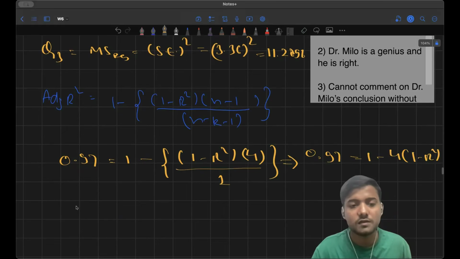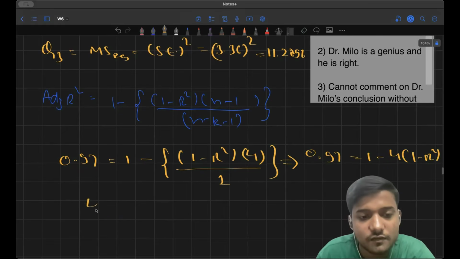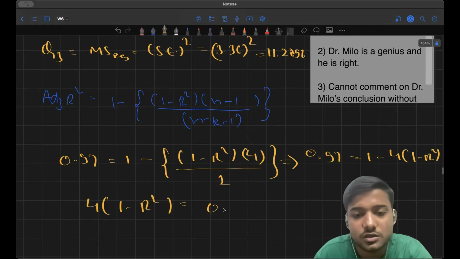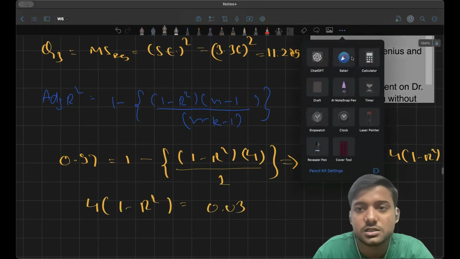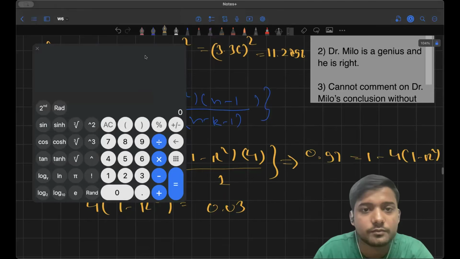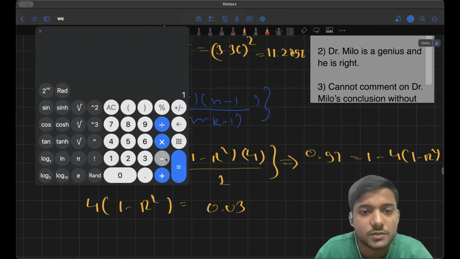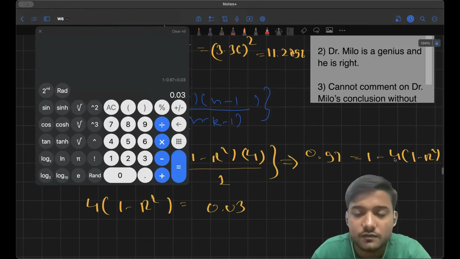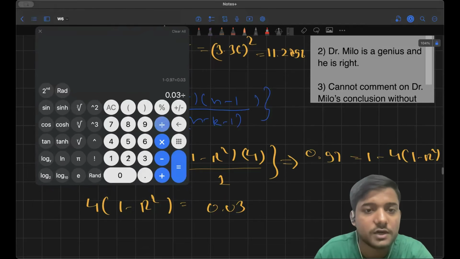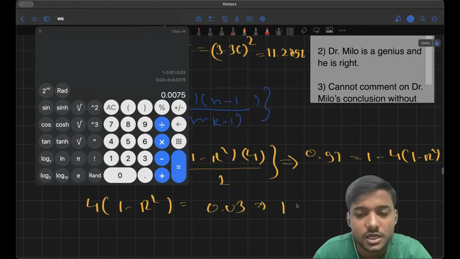So from here, we can calculate R square. We have 4 times 1 minus R square equal to 0.03. So I'll just do this here: we have 1 minus 0.97, and this would be divided by 4. So we have 1 minus R square is equal to 0.0075.